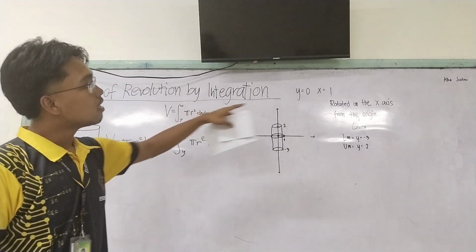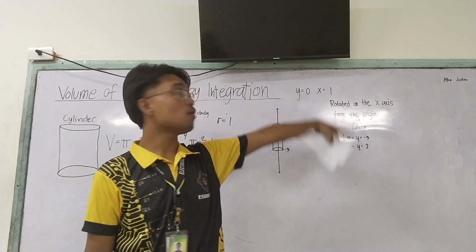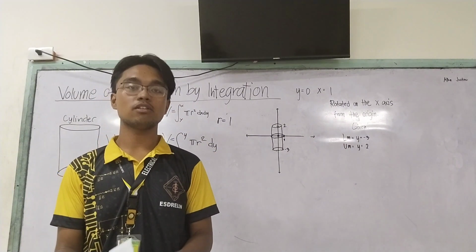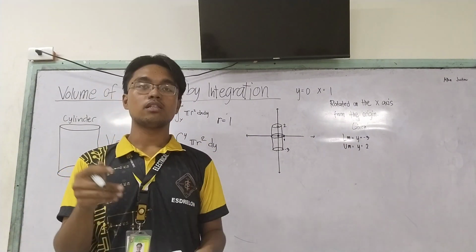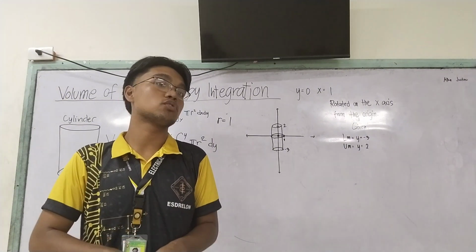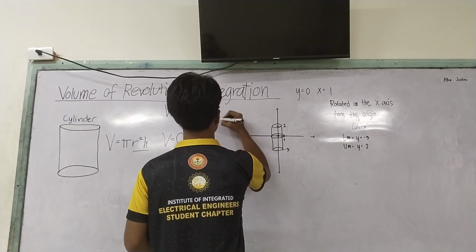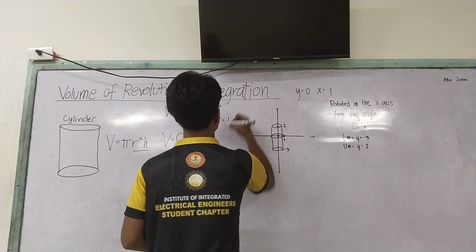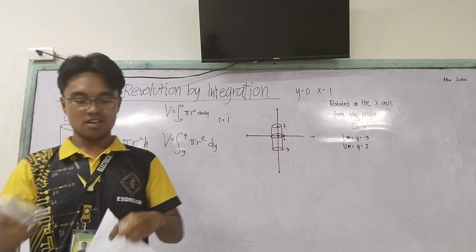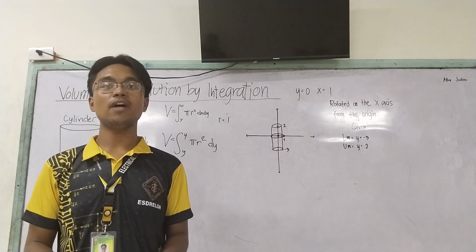Since our given is y equals 0 and x equals 1, the radius is from the origin, so it is obvious that our radius is equal to 1. Now we can proceed to substituting all the given values.